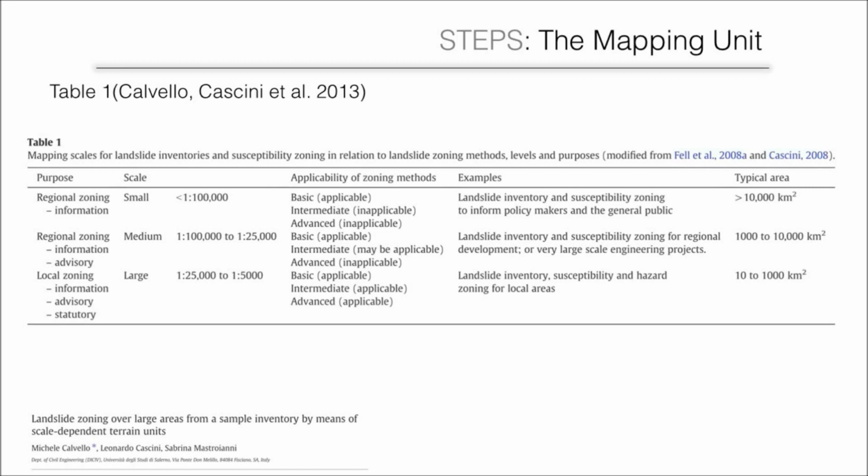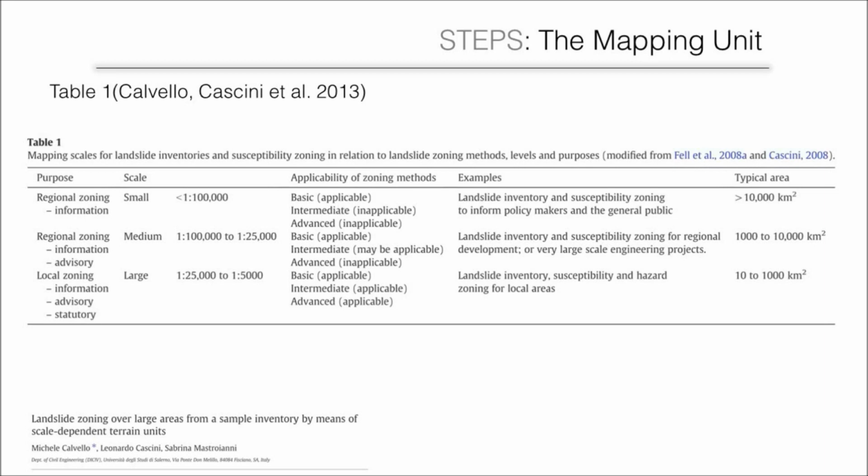Why? Because the typical area for the small scale will be more than 10,000 square kilometers, so it is just for regional zoning. If we talk about medium scale, this is the most common scale for landslides.